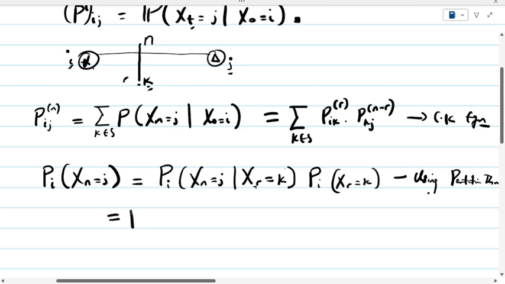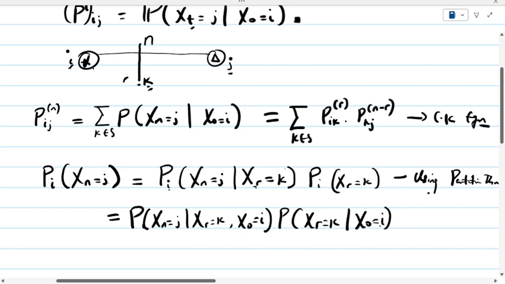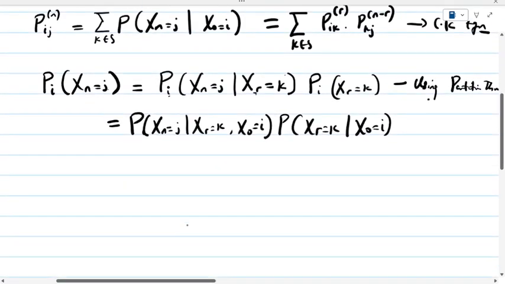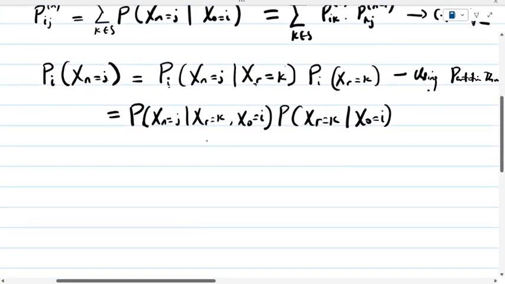So this equals the probability that X n equals j, given that our partition state at r is k and X naught is equal to I, times the probability that X r equals k, given that our current state is I. So applying the Markov property, which says that it all matters where you are and not where you have been: this is our future state, this is our current state, and this is a previous state.